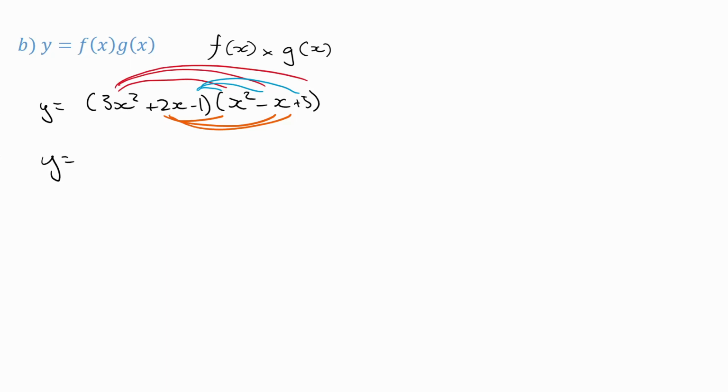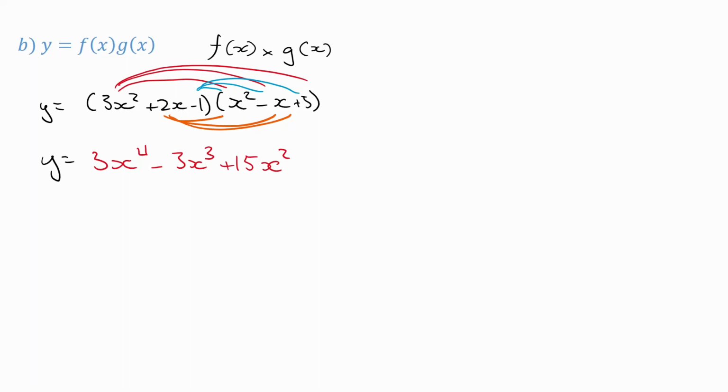If I go in red, 3x squared times x squared gets me 3x to the power of 4, because remember when you're multiplying x squared and x squared, you add the powers. Then 3x squared times negative x gives negative 3x cubed. 3x squared times 5 is 15x squared.